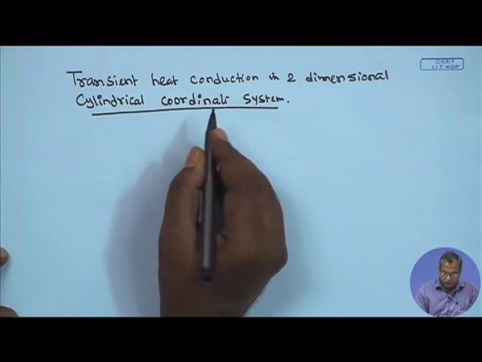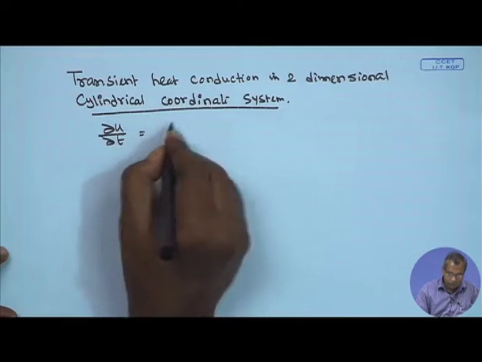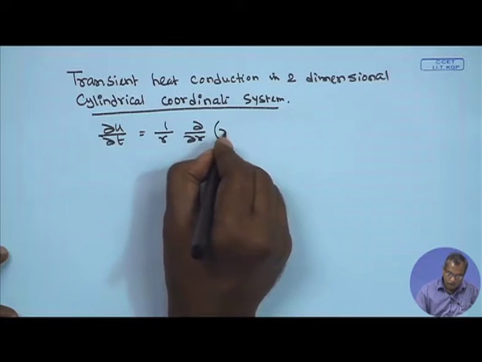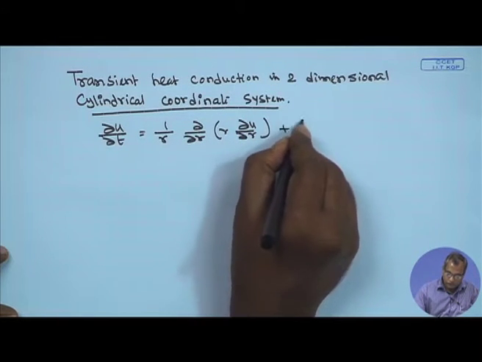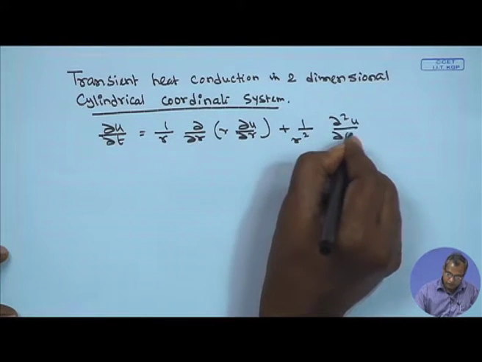Okay. Let us look into the governing equation. The governing equation will be del u del t is equal to 1 over r del del r of r del u del r, plus 1 over r square del square u del theta square.